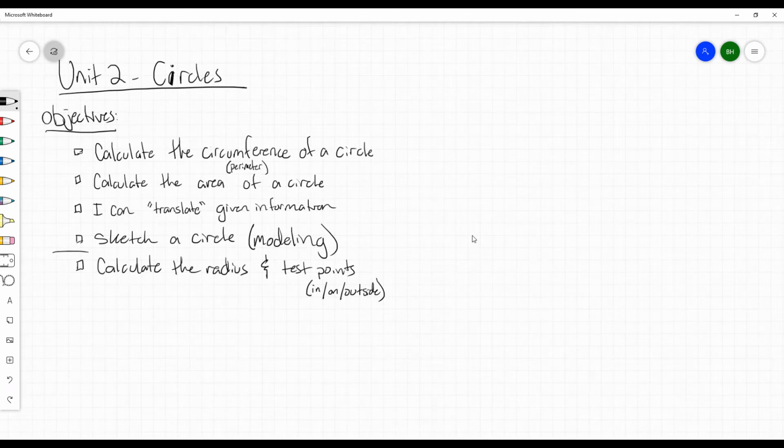So the first thing we should do is talk about the different formulas that we're going to need for the first two objectives. So what I'm going to do over here is call them formulas, and then in parentheses I'm just going to write circles. I want us to calculate certain things, but we need to know the formulas in order to do that.